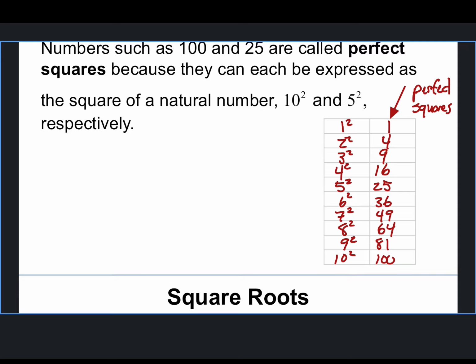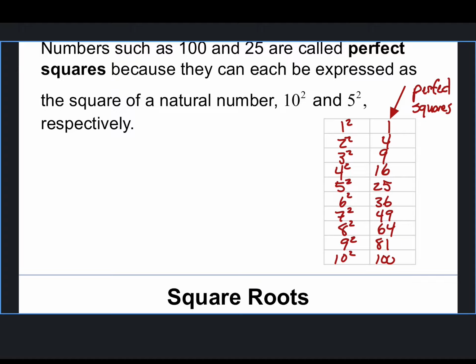12 squared is 144. What about 13 squared? 169. 14 squared is 196. 15 squared is 225.